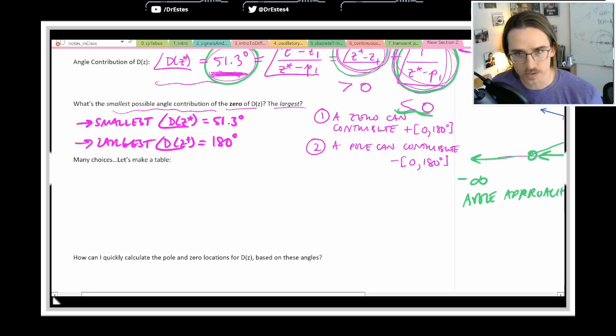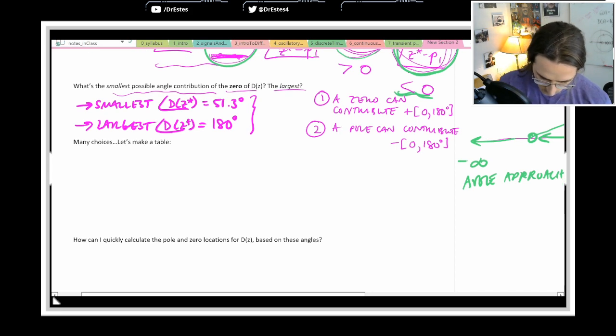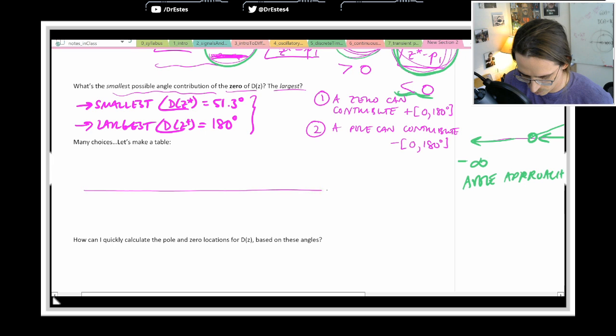So what I want to do is I have these limits, and let's make a table because this kind of forms the boundary of possible controllers we can try. So I'm going to make a table with 2 rows, and this row is going to be the angle contribution of the 0, z star minus z1.